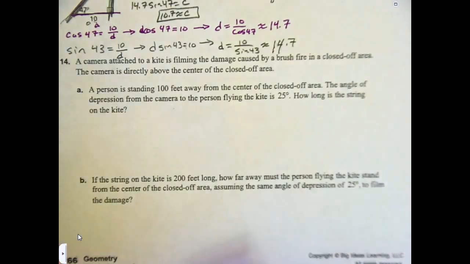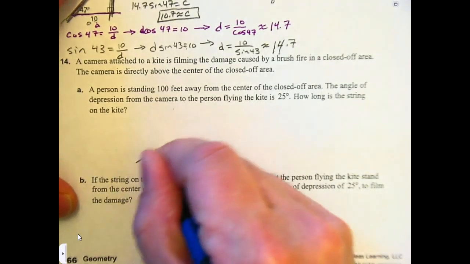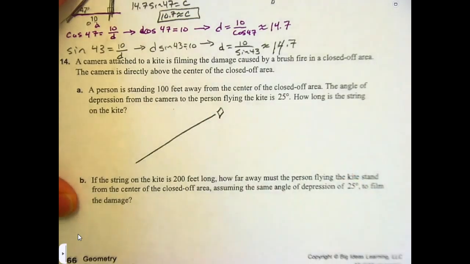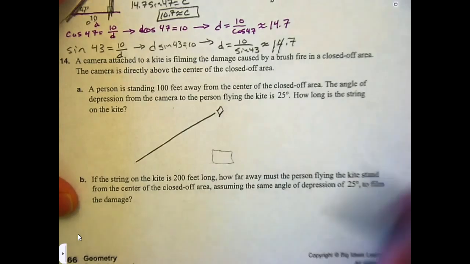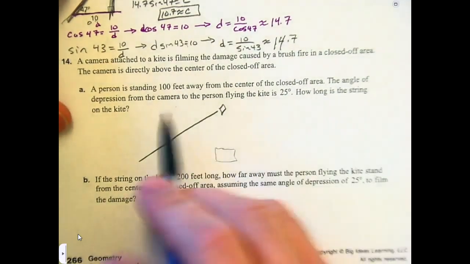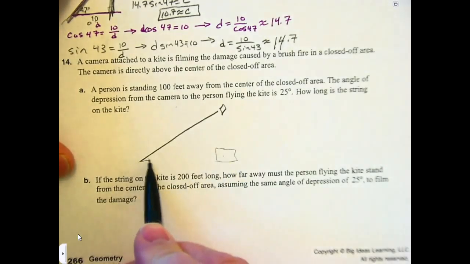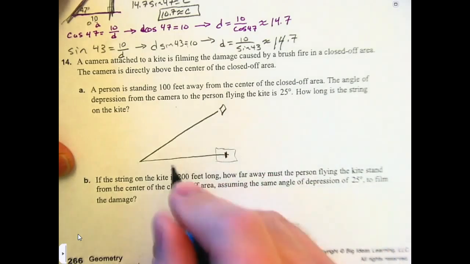So if you have this kite and you have a closed-off area, maybe that's somewhere down here. This is where the fire was. A person is standing 100 feet away from the center of the closed-off area, so about 100 feet to that point there.